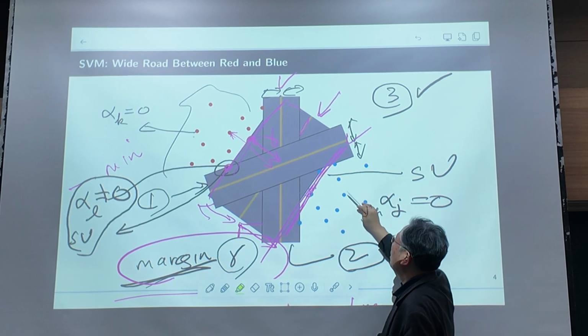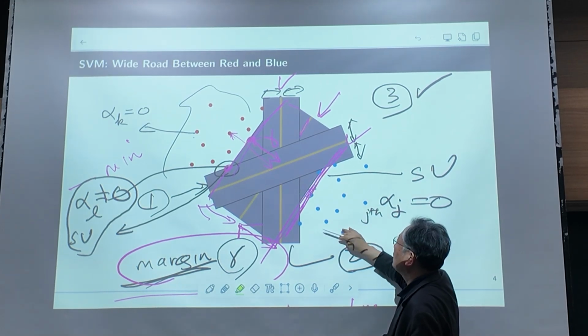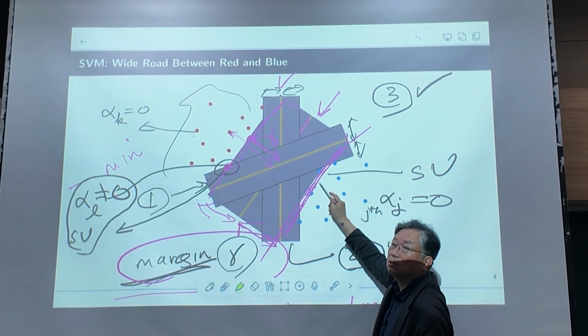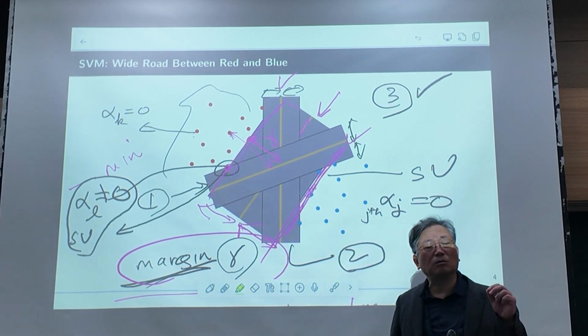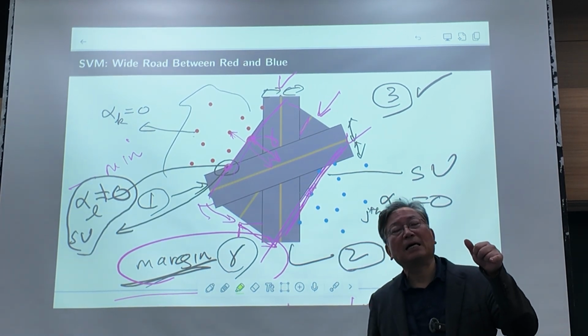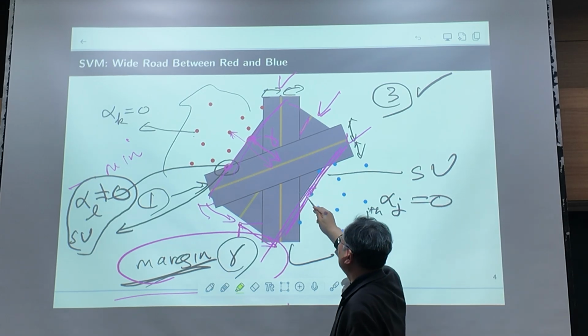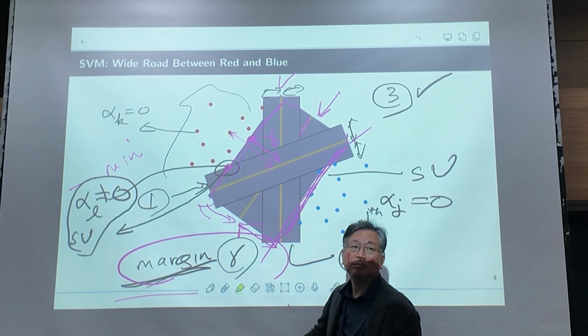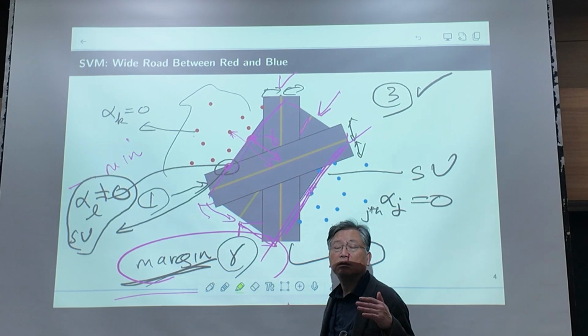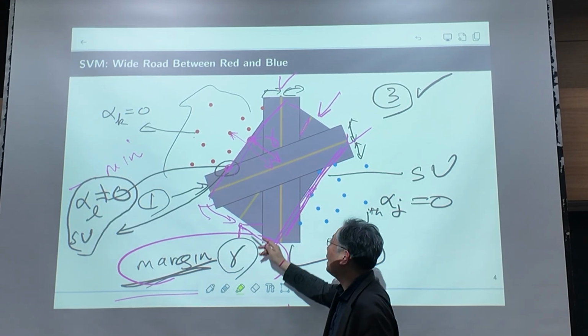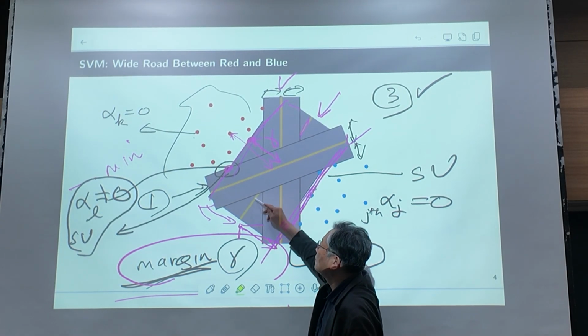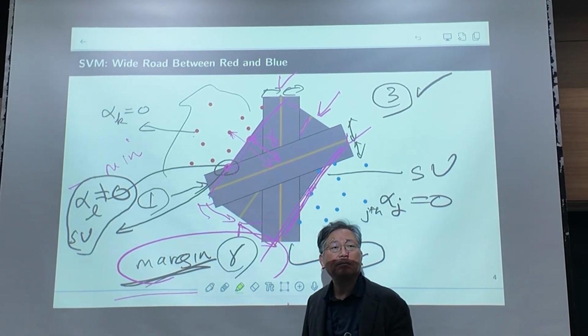And all except for the support vectors, those data that are on the edge of this road, the data that define the hyperplane.